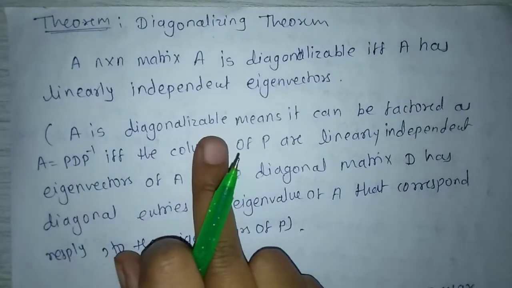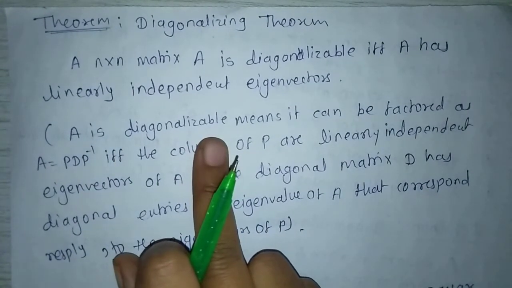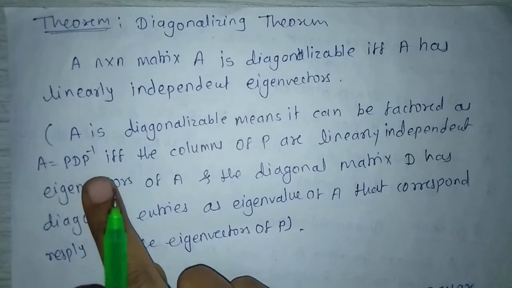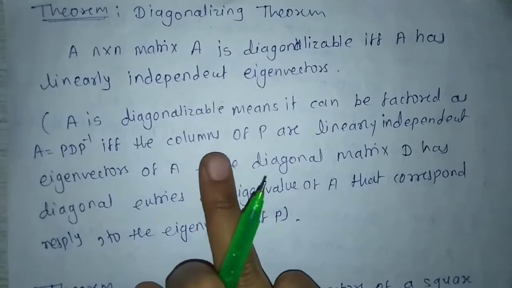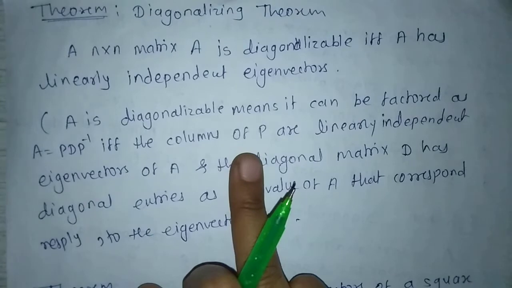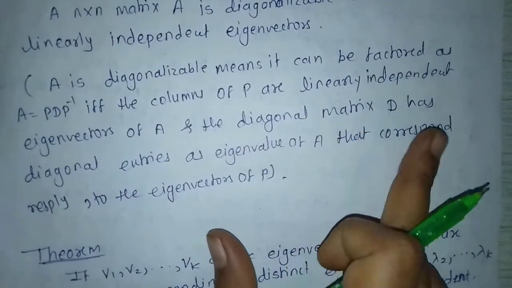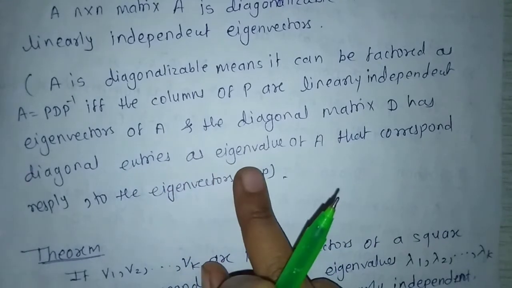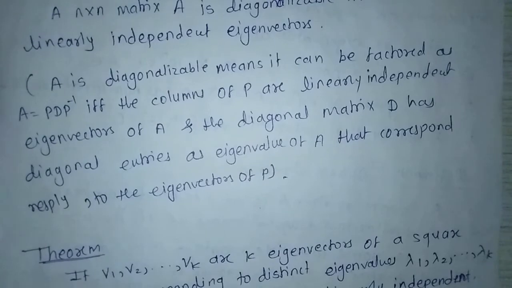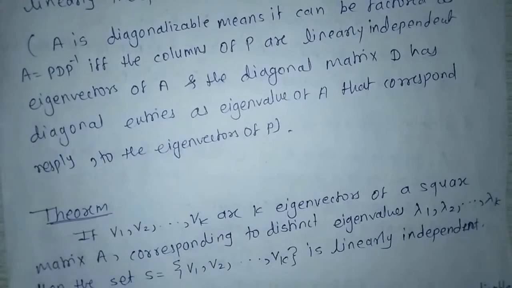A is diagonalizable means it can be factored as A equals PD P inverse if and only if the columns of P are linearly independent eigenvectors of A and the diagonal matrix D has diagonal entries as the eigenvalues of A that correspond to the eigenvectors of P.